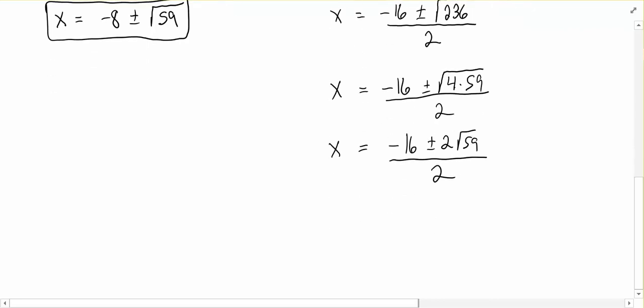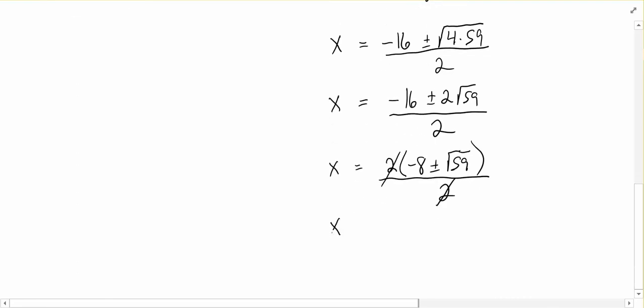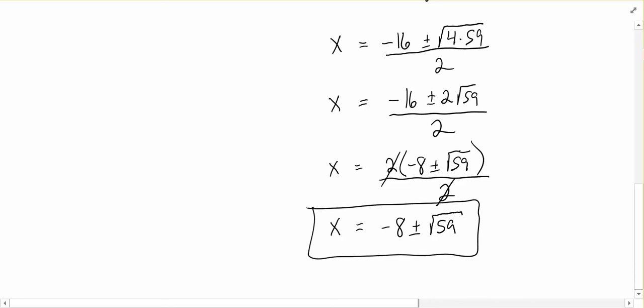Now we have to simplify this fraction. In order to do so, we need to realize that I could factor a 2 out of the top. And in doing so, my 2's will divide out in the top and the bottom. And I do end up with the same answer as we got using the trick. Obviously, using the trick was a whole lot easier.